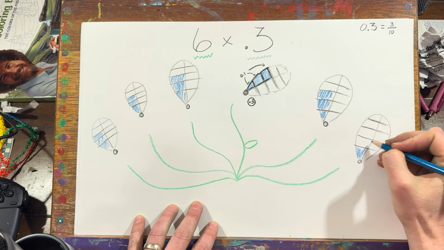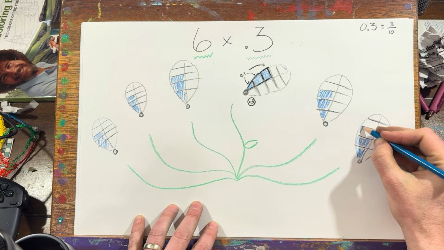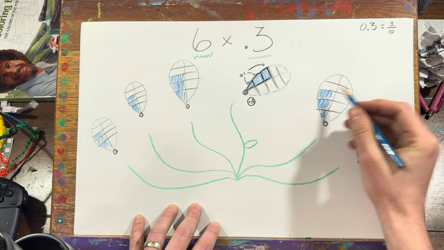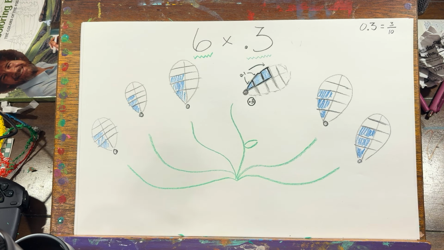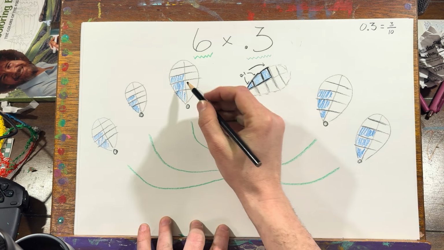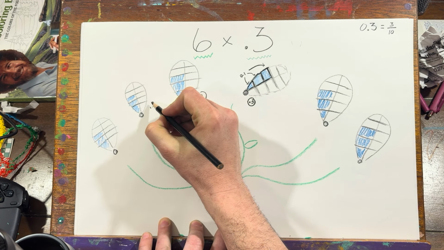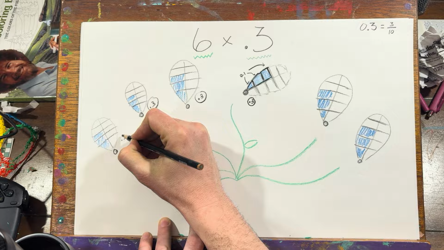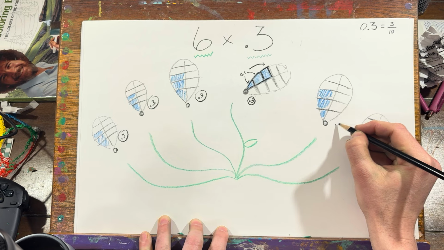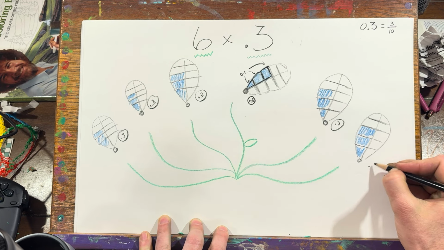Each of these flowers has 3/10 of a petal on it. Just like this one, this has 3/10. This has 3/10. This has 3/10. This has 3/10. And this has 3/10.